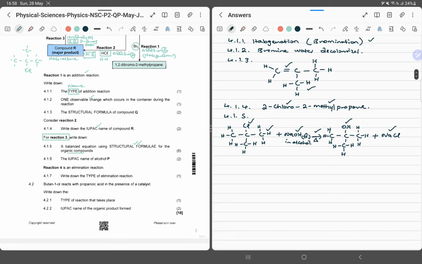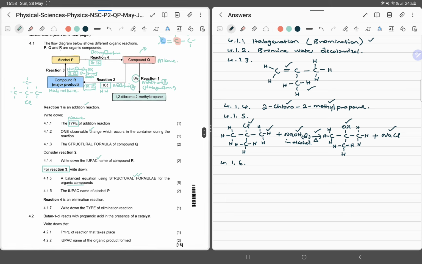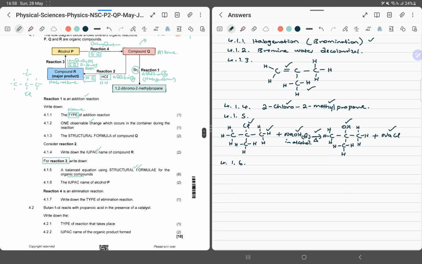And then we've got 4.1.6. It says the IUPAC name of alcohol P. Okay, so this one is essentially 2-methyl propane 2-ol.